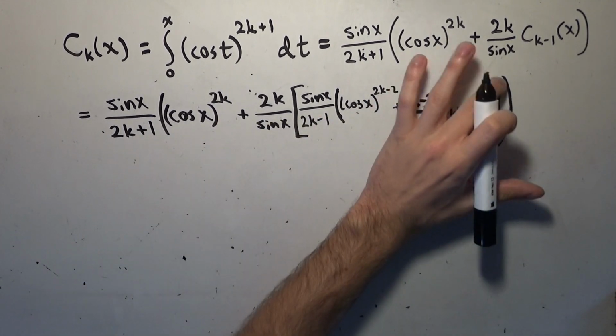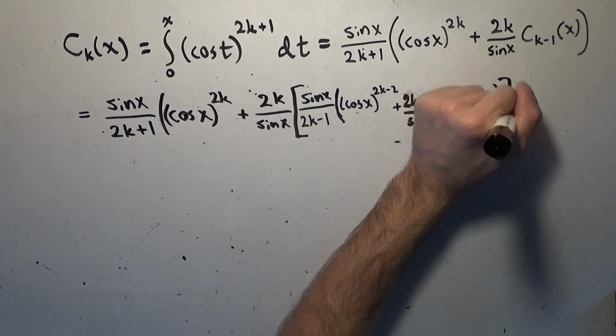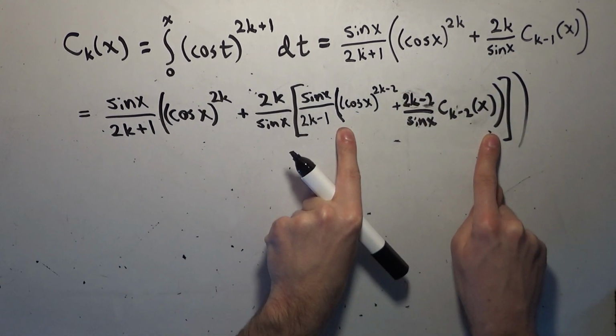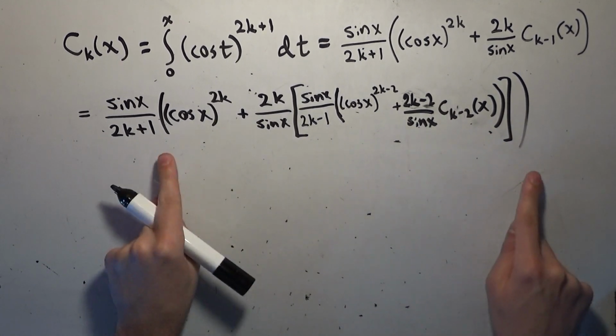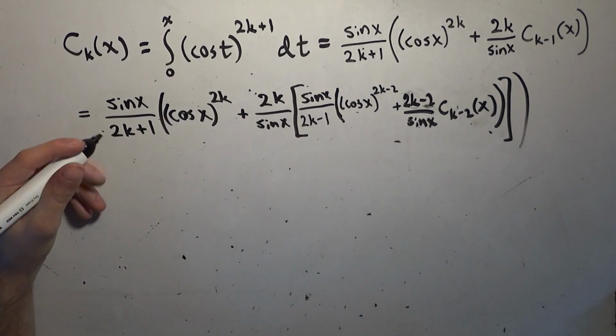And now that should all be parenthetical, right? And then we close brackets, and then big brackets again. So these brackets go with each other, these brackets go with each other, and these brackets go with each other. Okay? So now we can simply distribute and simplify.